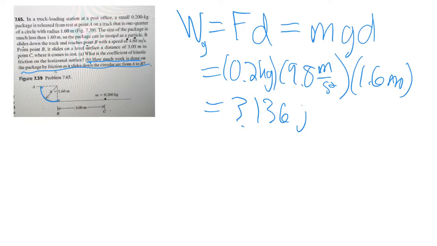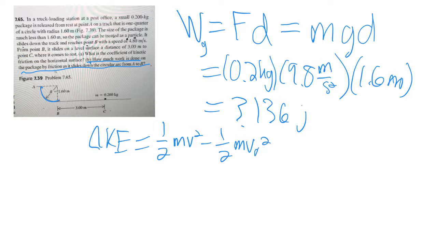But is that everything that makes it to that speed at the bottom? Well, the kinetic energy at the bottom, the change in the kinetic energy, is going to be that 1/2 mv squared minus 1/2 mv naught squared. And if we look at that, we know the speed at the bottom, 0.2 kilograms.